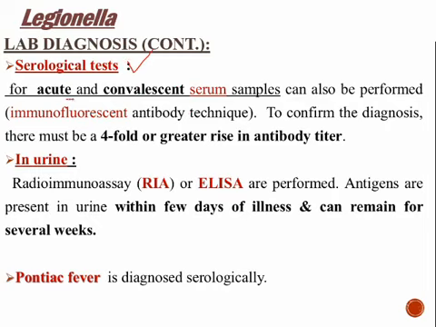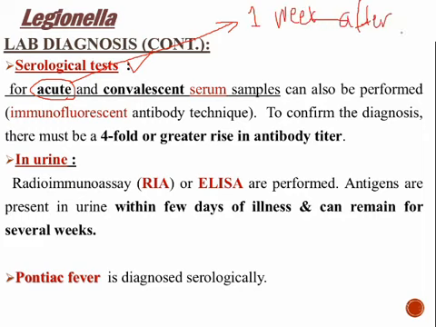The serum sample can be obtained in the acute phase, which means 1 week after onset of symptoms. A convalescent serum sample means 3 to 6 weeks after onset.